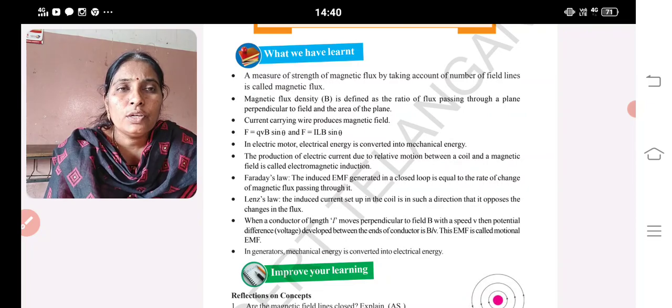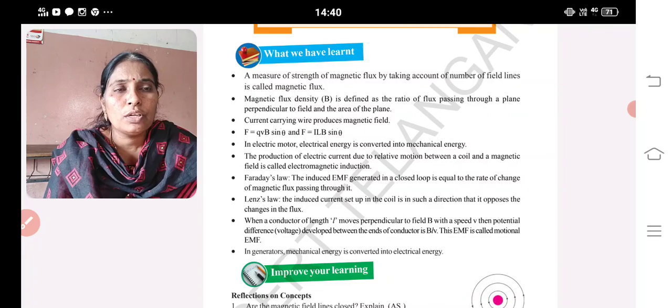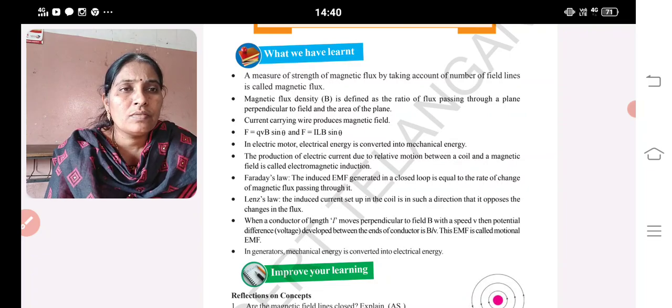Lenz's law: induced current in the coil flows in such a direction that it opposes the change in flux. When a conductor of length L moves perpendicular to the field B with a speed V, the potential difference developed between the ends of the conductor is BLV. This EMF is called motional EMF.